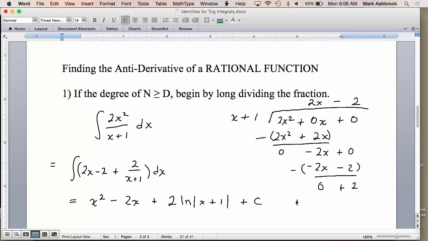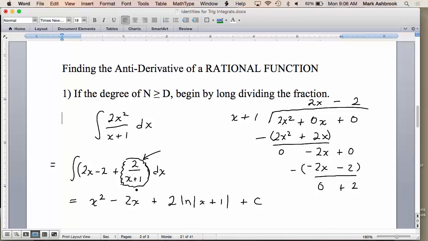Now, sometimes the long division is all you need to get an attainable antiderivative. That's a new rational function that has an attainable antiderivative. We don't have to long divide it. We just know that that's 2 natural log. But sometimes we still have to do more on this.